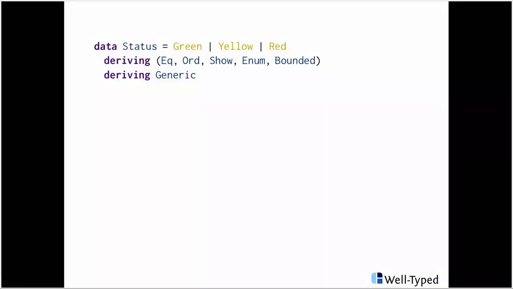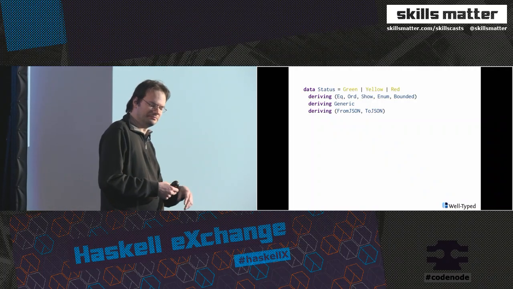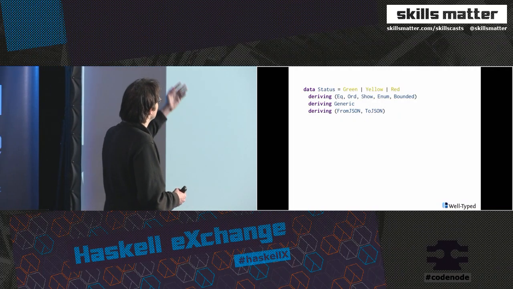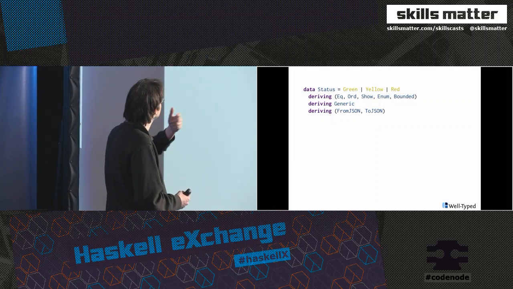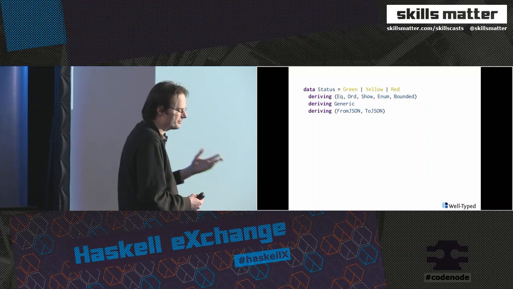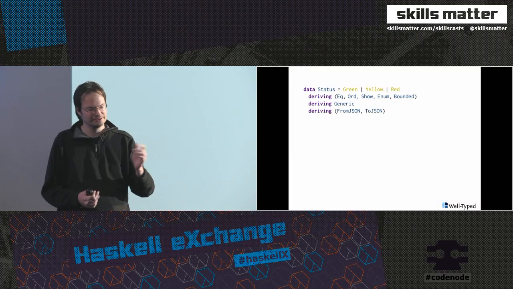You can derive one magic extra class, Generic, and then you can simply derive these as well. This works a little differently: for the first line, it's all in GHC. For the second and third lines, how to derive Generic is within GHC, but how to derive FromJSON and ToJSON is described in the Aeson package, and there is a definition for it.